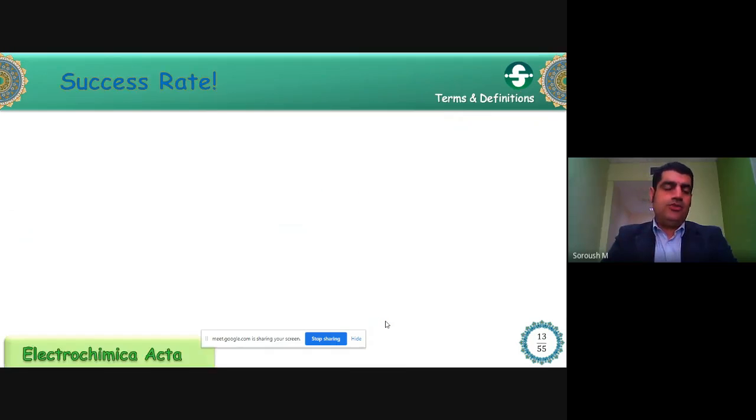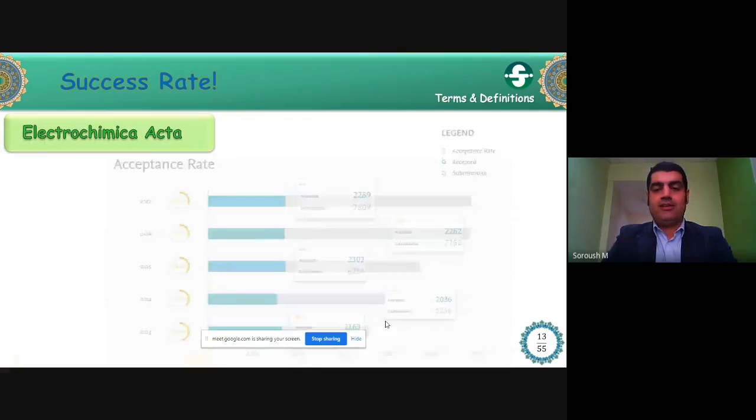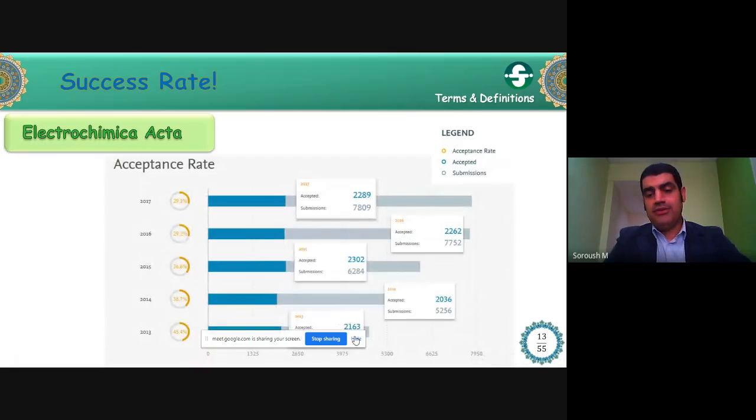Another example provided here goes to Electrochimica Acta. You can see that the number of papers they publish has remained almost unchanged over 4 or 5 years, but we can see that the number of papers they receive sharply increased from the year 2013 to 2017.